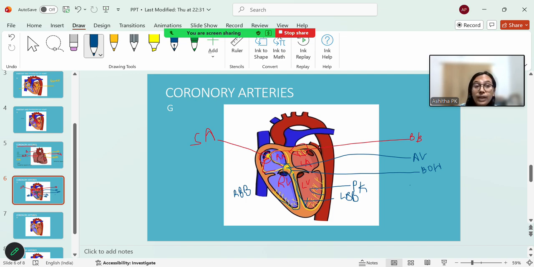I forgot to say that, as in the case of the atrium, when the impulse is carried to the ventricles, it leads to the contraction of the ventricles.